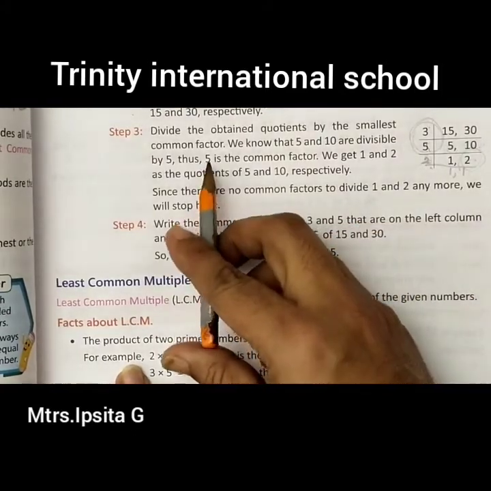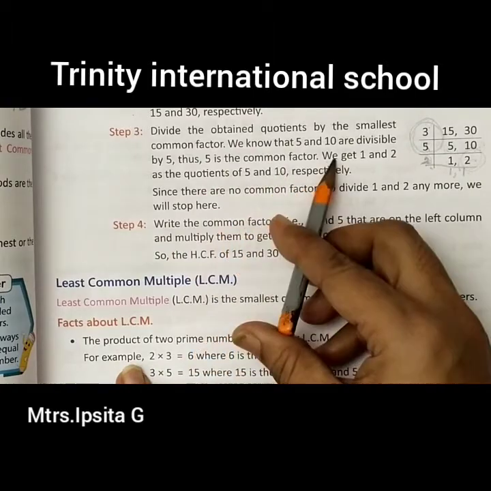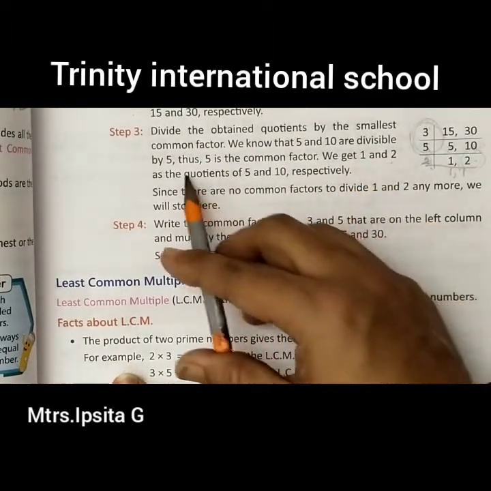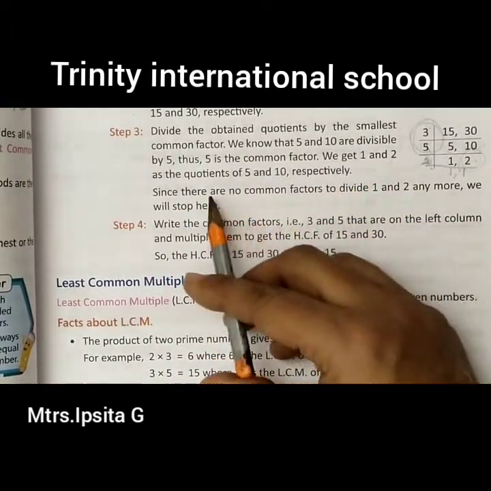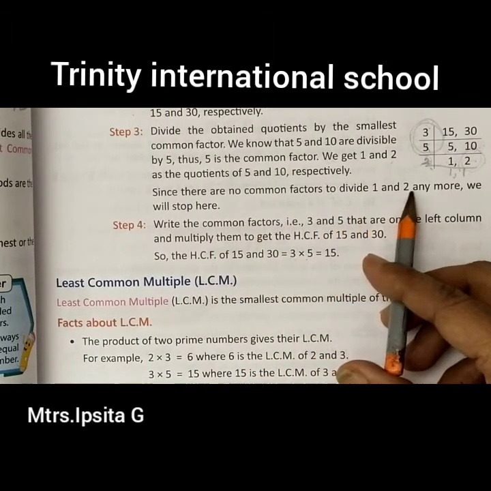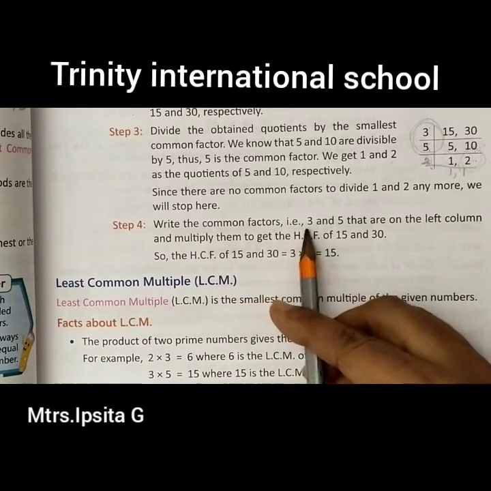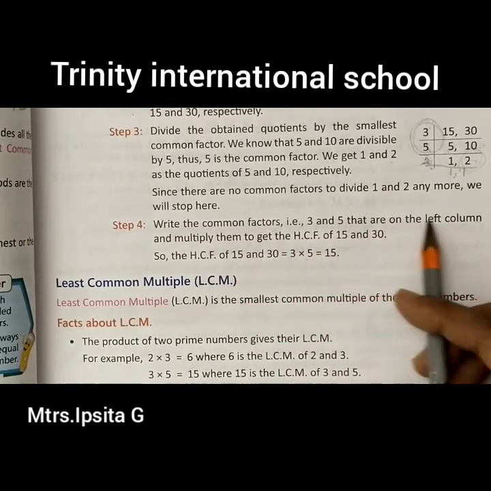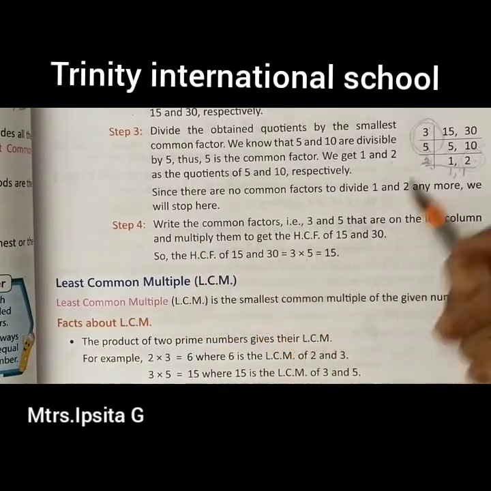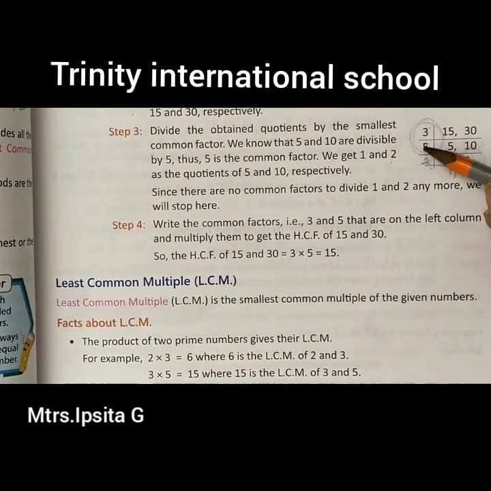So here 5 and 10 we get 1 and 2 as the quotient of 5 and 10. Since there are no factors to divide anymore, we will stop here. Write the common factors, that is 3 and 5 that are left on the left column. So as you have 3 and 5, you are going to multiply these two.